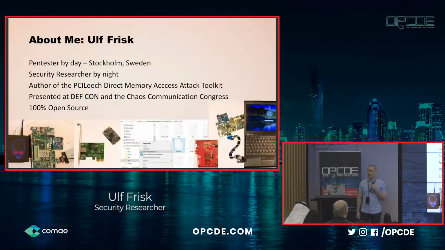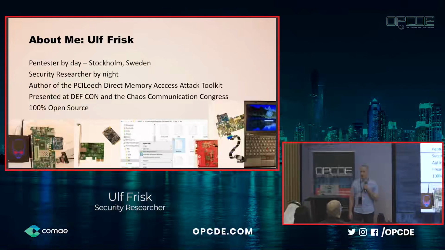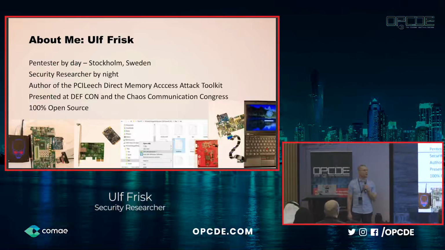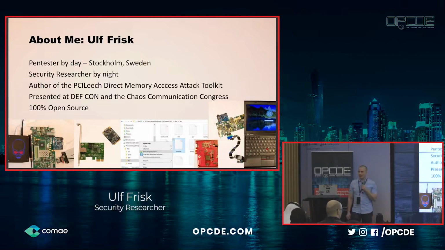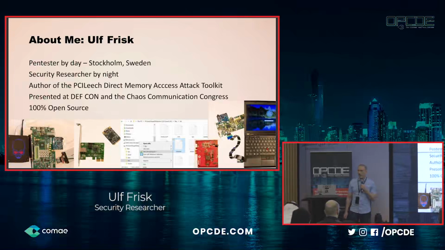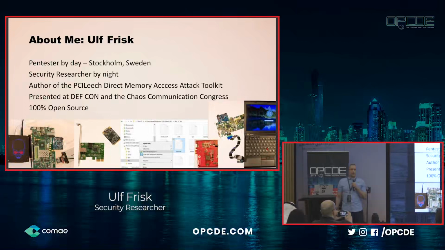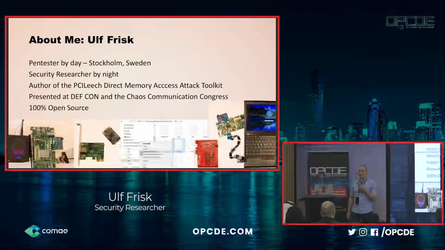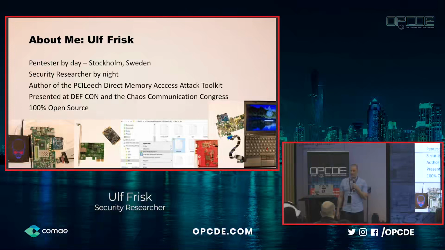My name is Ulf Frisk. I'm working as a pen tester by day in Stockholm, Sweden, and I also try to do some security research by night. I'm the author of the PCI leech Direct Memory Access Attack Toolkit, which I presented almost 3 years ago at DEF CON. I found it's a really low-cost piece of hardware that was able to do direct memory access, DMA, over PCI Express.